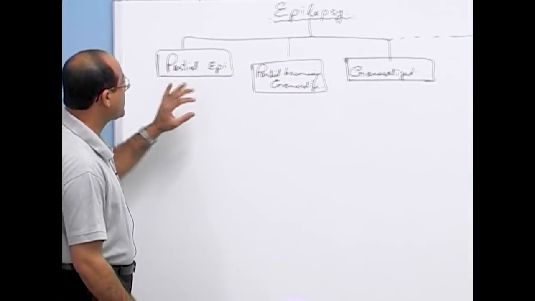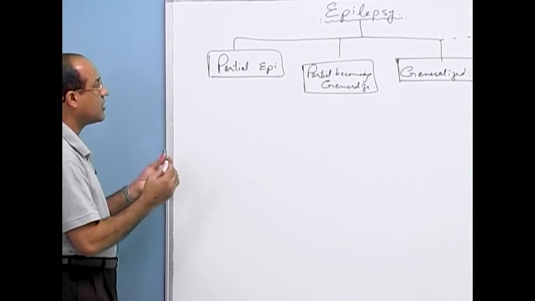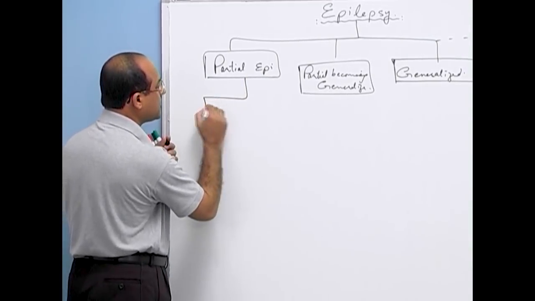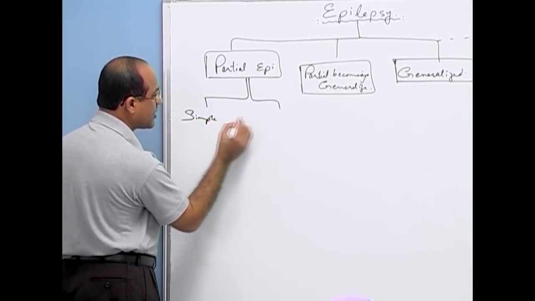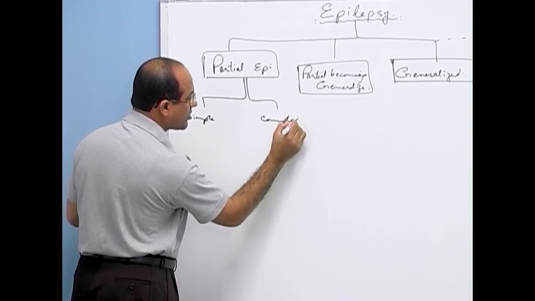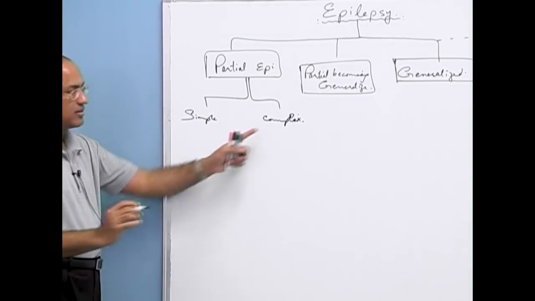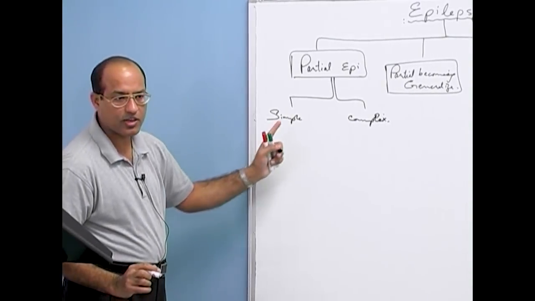Now, let's discuss partial epilepsy. Already we have discussed that partial epilepsy may be divided into two types: simple partial and complex partial. Here, alteration in consciousness. Here, no alteration in consciousness.